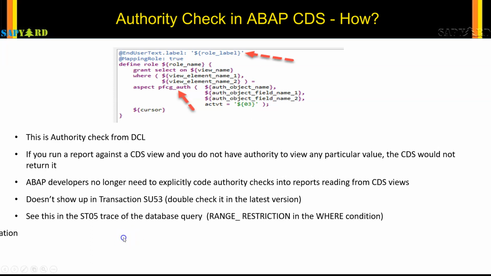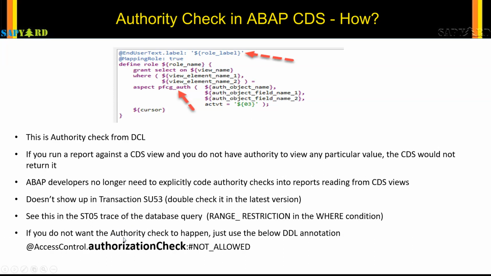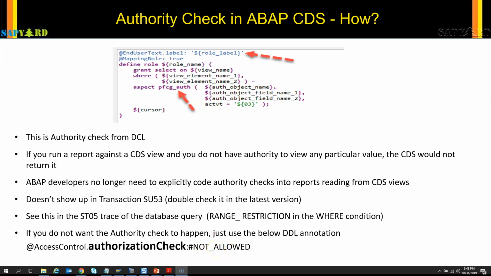The last point we already discussed. If you do not want the authority check to happen, then you just pass the annotation value as not allowed. Even if you are restricted from looking into certain data based on your role, if you define the annotation as not allowed, then it will not go and look at the role.